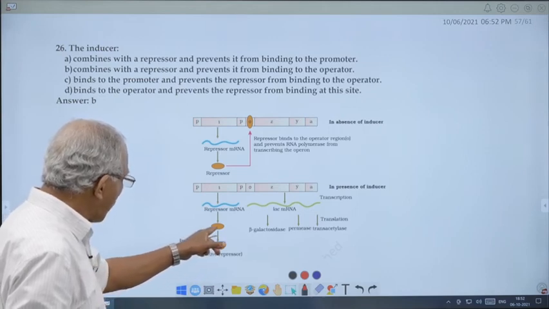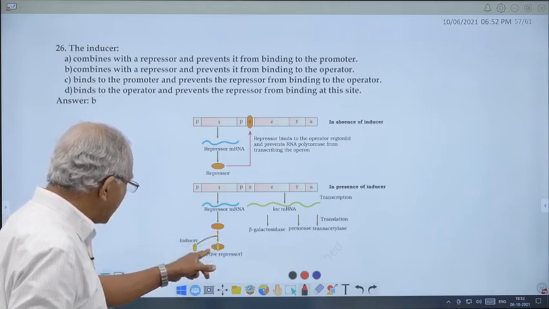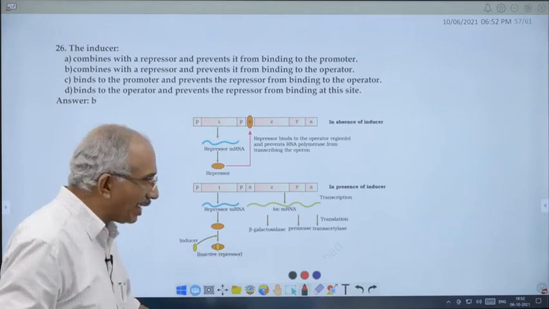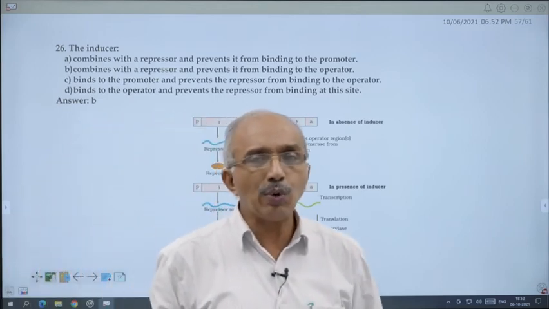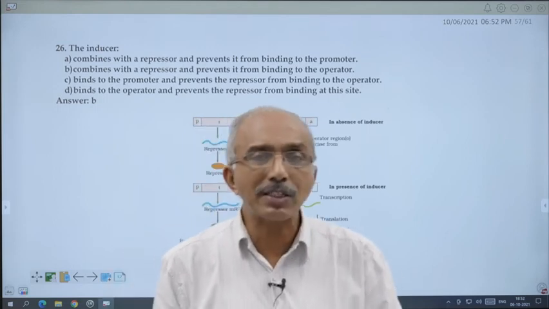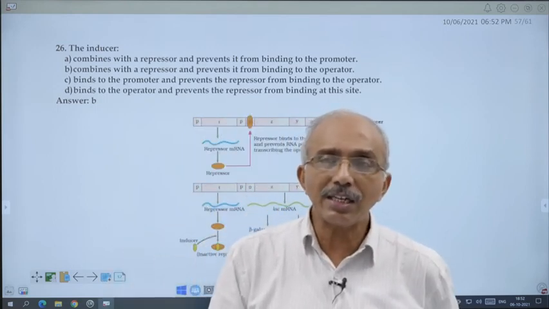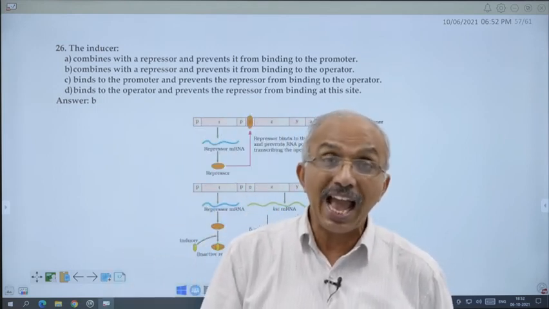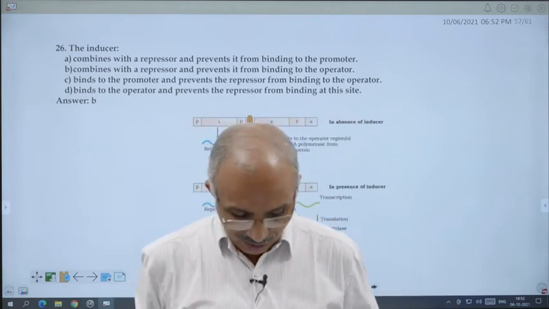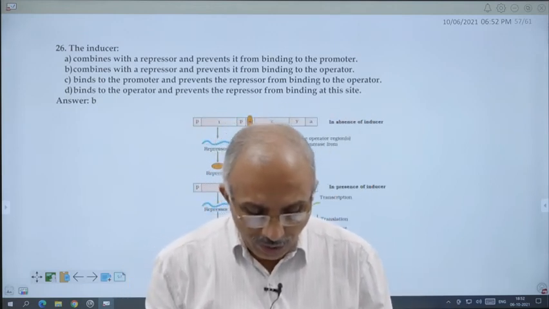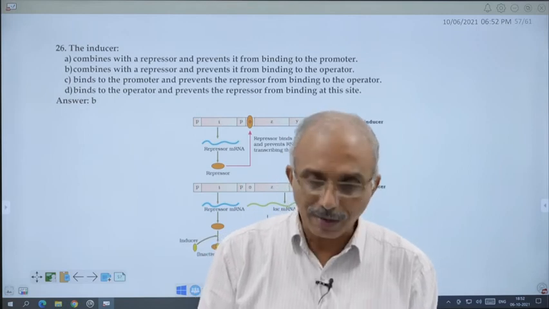Inducer combines with the repressor, and the repressor is inactivated, resulting in the formation of an inactive repressor.